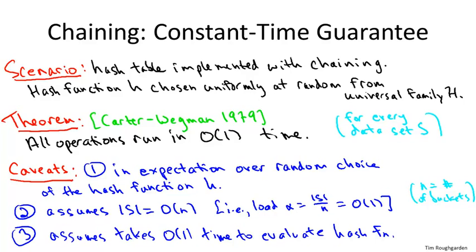All right, so hash tables support various operations: insert, delete, and lookup. But really, if we can just bound the running time of an unsuccessful lookup, that's going to be enough to bound the running time of all of these operations. Remember, in a hash table with chaining, you first hash to the appropriate bucket, and then you do the appropriate insert, delete, or lookup in the linked list in that bucket.